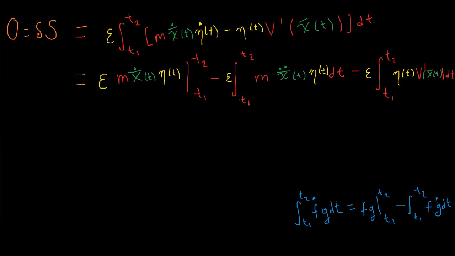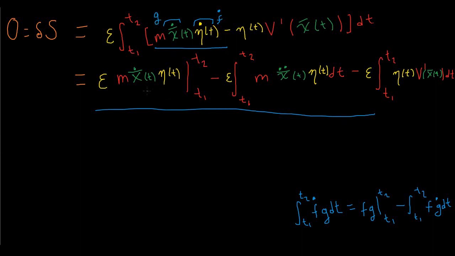All right, so let me just talk for a second about what I did. This term I just put here. I didn't change anything about that term. This term I integrated by parts here and here. So I took this to be f dot, and I took this to be g.